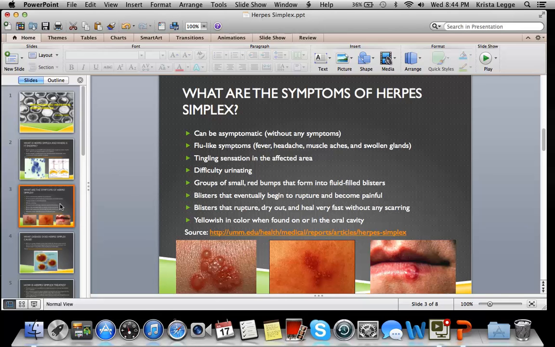These blisters eventually begin to rupture, and once they rupture, they become painful. After they rupture, they dry out very fast and heal very fast without any scarring. When you have a case of oral herpes, the blisters may be yellowish in color rather than red when found in the oral cavity.